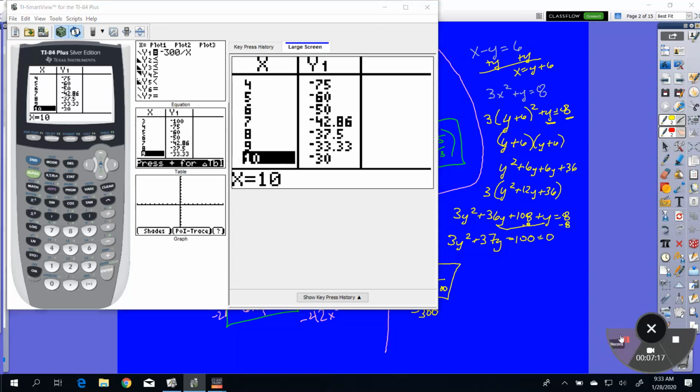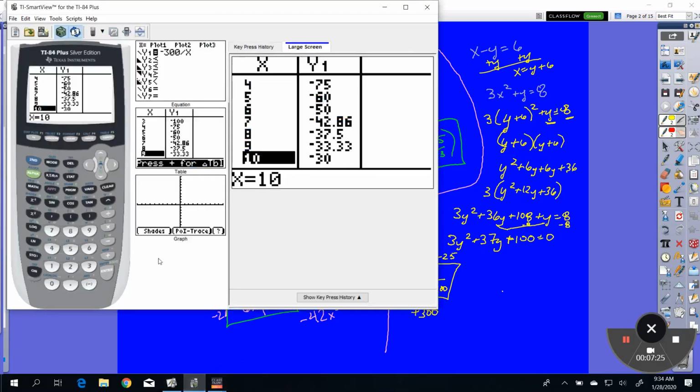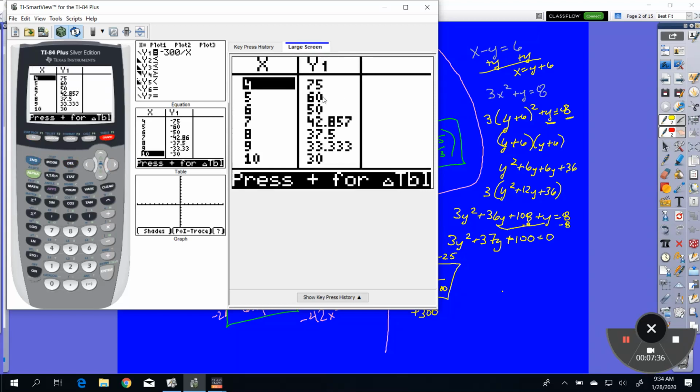Hold on. So I found my mistake. That's supposed to be a positive 100. So then that's a positive 300. So then when I go back to my calculator, they're all positives. So now I'm looking for two numbers that combine to make 37.